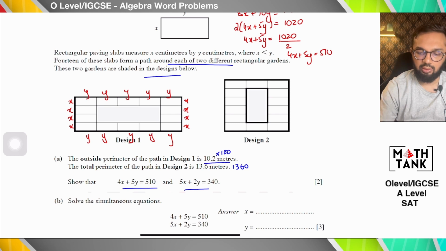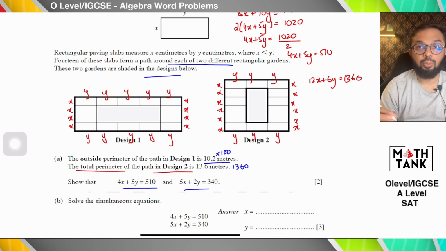Let's talk about the next one. So 1, 2, 3, 4, 5, 6, 7, 8, 9, 10, 11, 12. 12x. And the total perimeter of the design in part 2.